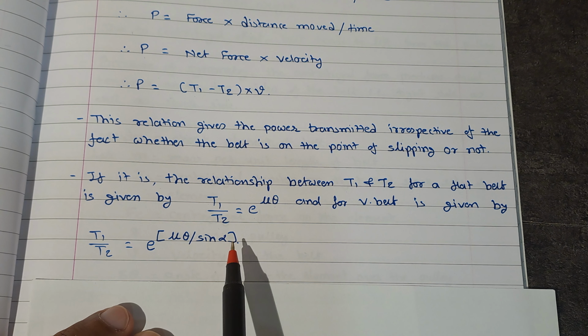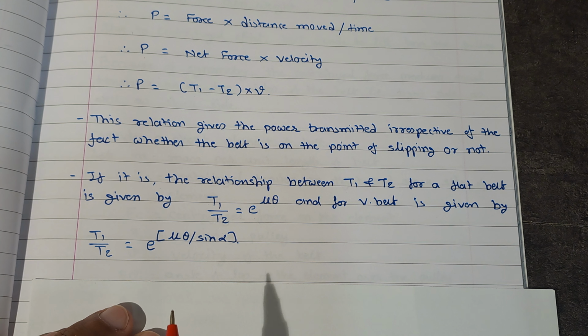For this condition it is necessary that the belt is on the verge of slip. If there is a little increase in tension, then slipping will start on the belt.